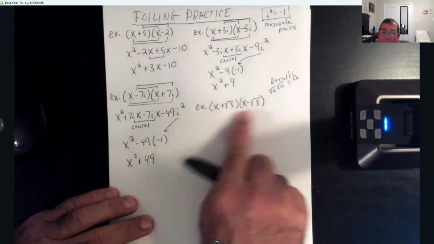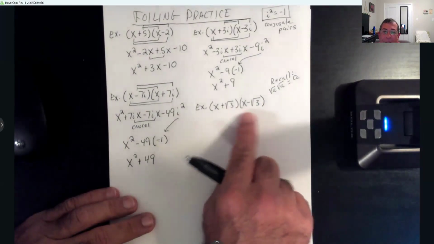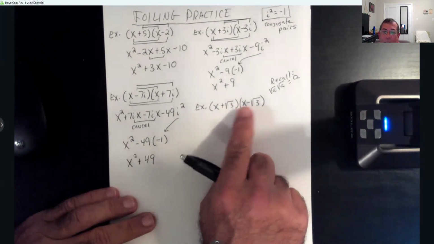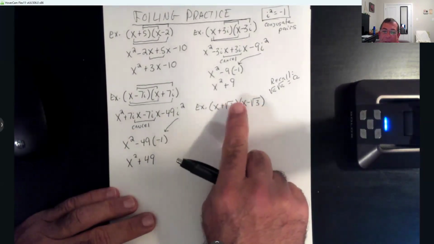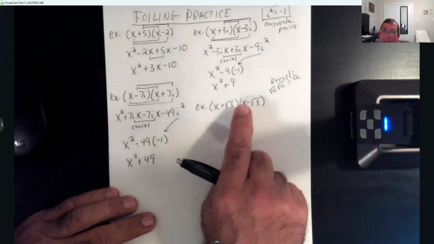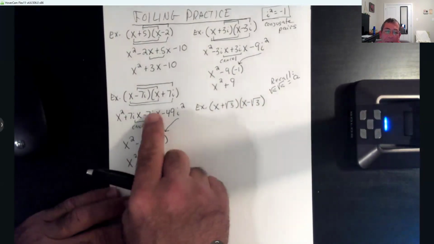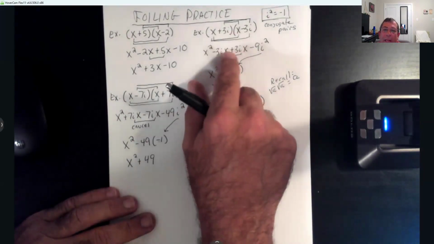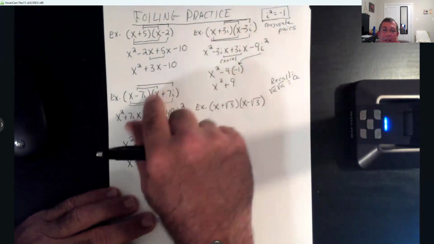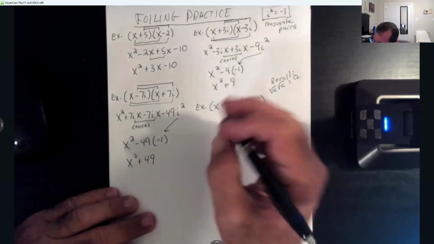Now, these are conjugate pairs, because one's plus, one's minus, everything else is the same. So since they're conjugate pairs, the middle two things are going to cancel out like both of these conjugate pairs did, okay?